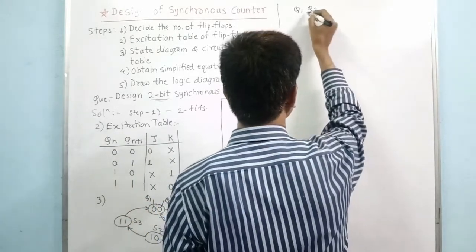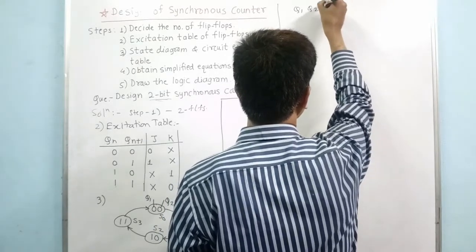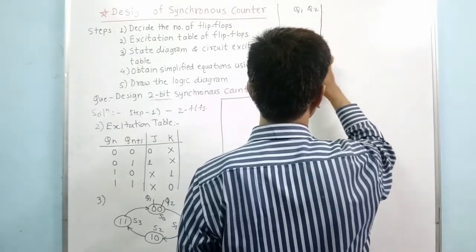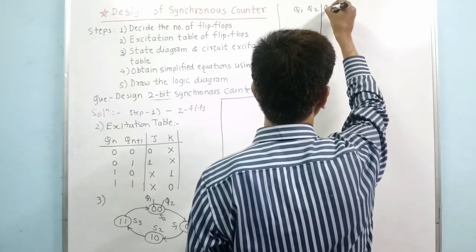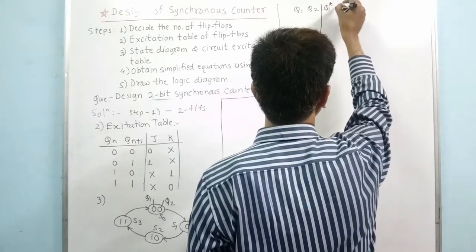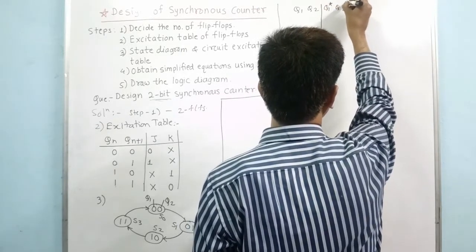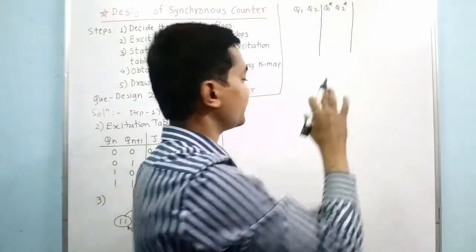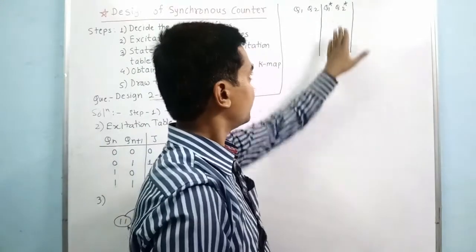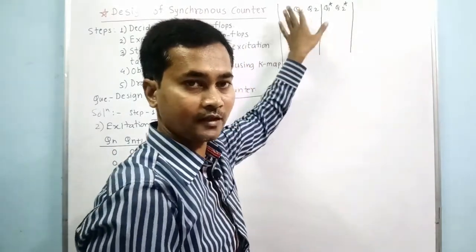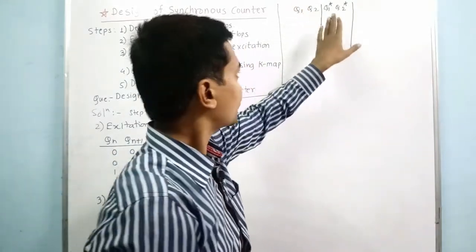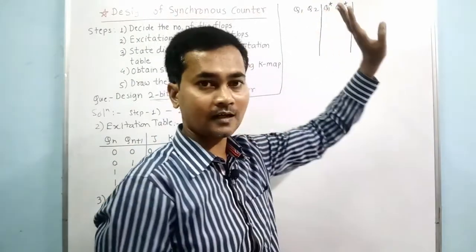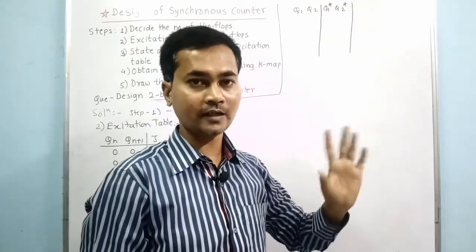So if Q1 and Q2 are the present states, then what will be the next states? So I am writing here Q1 star and Q2 star. Okay, so this is just how I'm representing it with a star. Actually this is the next states. Okay, Q1 and Q2 are the present states, Q1 star and Q2 star are the next states of Q1 and Q2.